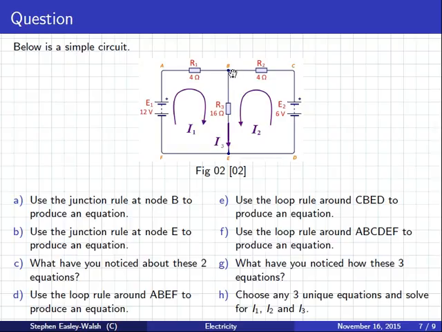So what goes in at B? And what goes out? So give me the equation.